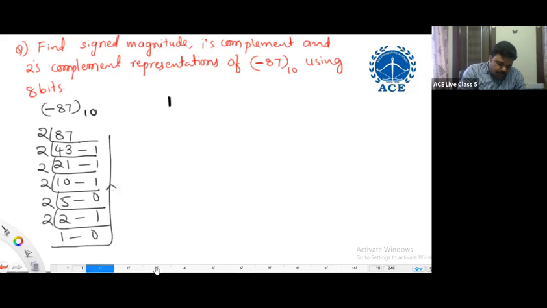Then the magnitude we are getting is 1 0 1 0 1 1 1. If you observe clearly, this is the sign and this is the magnitude. Sign plus magnitude. This is minus 87 in signed magnitude representation.